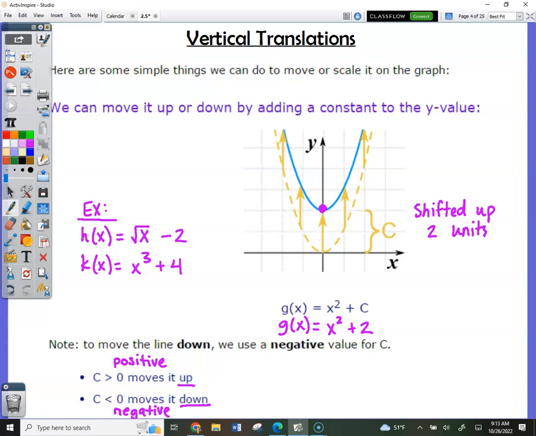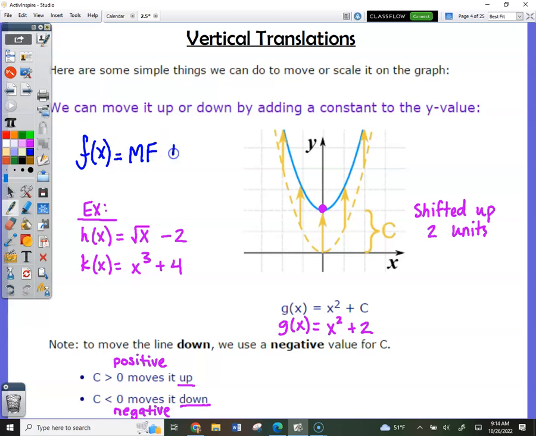So the big takeaway here, change to a different color or highlight this. The big takeaway is any function that you have, now we want this to apply to all of them, so I'm just going to put MF, meaning mother function, any one of them. It would be any mother function, right?